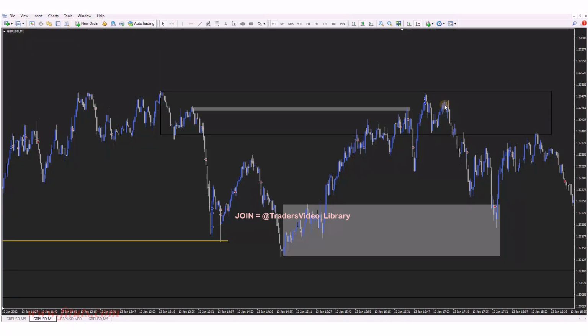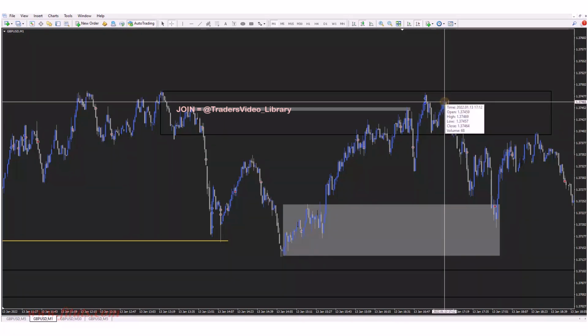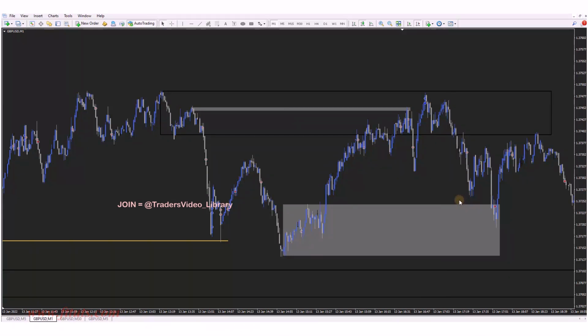What to aim for? Yes, what is safe? In this case, we had the demand zone, the M30 demand. Let's check the distance. It is almost 22 pips. Yes, so this is 1 to 7. Wonderful distance.